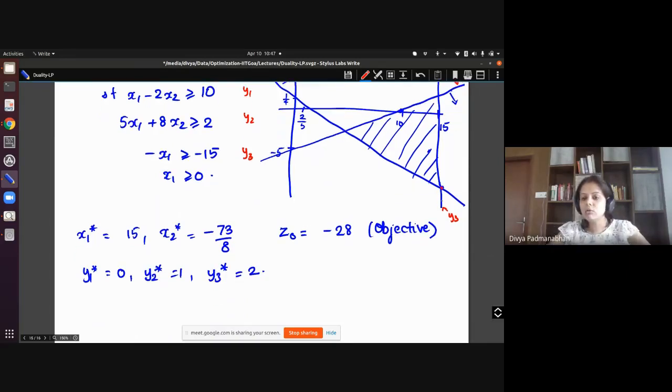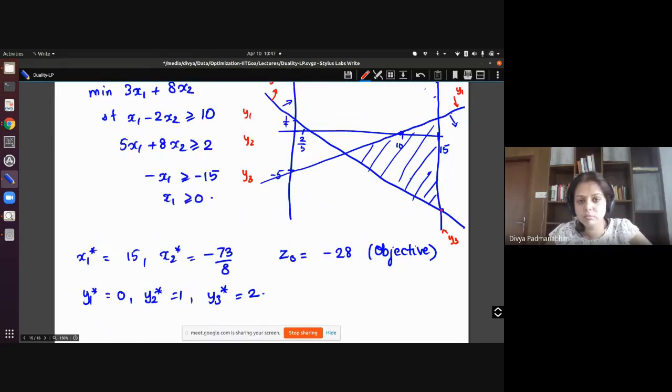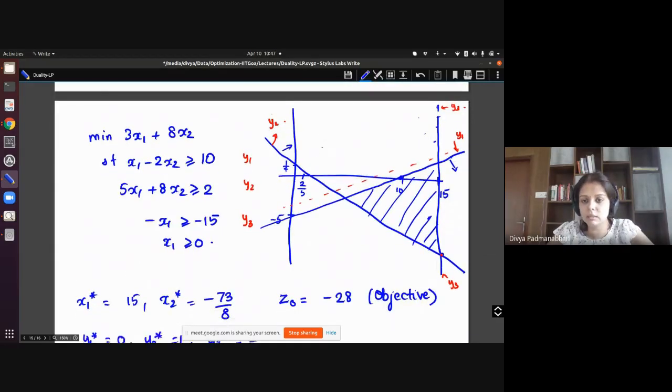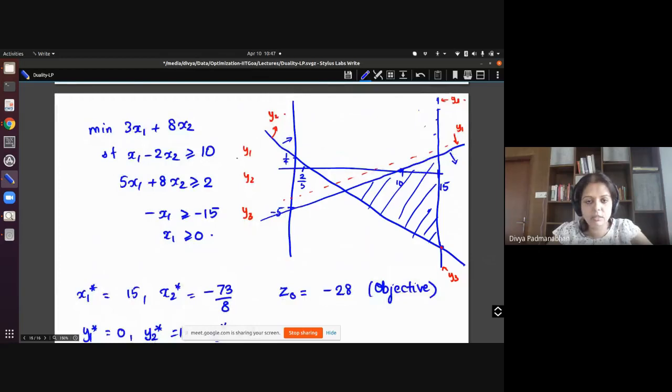Okay. So now suppose you change, say, the first constraint. Okay. So this y1, if you move it to something like this. So if you change it by 1 unit, so x1 minus 2x2, if you made it greater than or equal to 9, even then the optimum is going to be just this, because graphically if you see the direction of increase, the gradient of this objective points in this way.